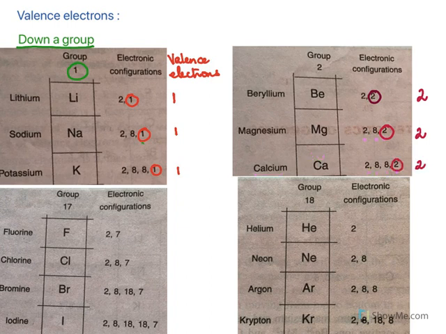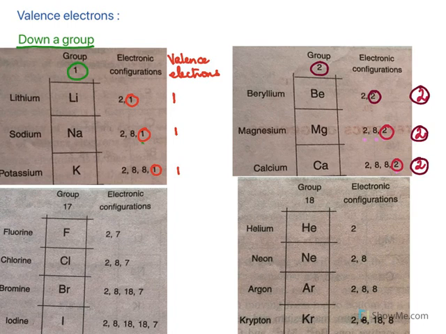So what have we observed in group 2? In group 2 all have valence electrons 2, and that is why elements in a particular group have similar chemical properties, because the number of outermost electrons is the same. So group 1 had 1 valence electron, group 2 had 2 valence electrons.